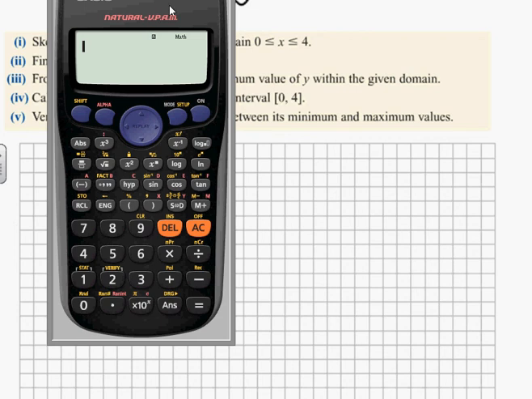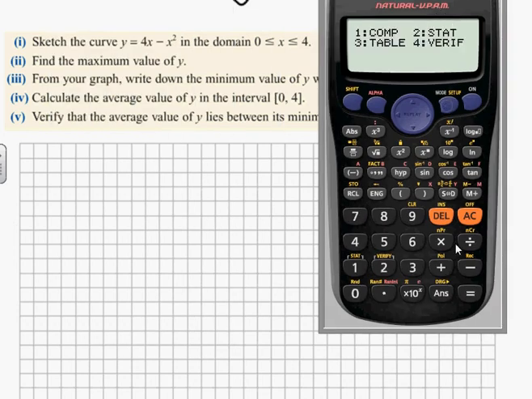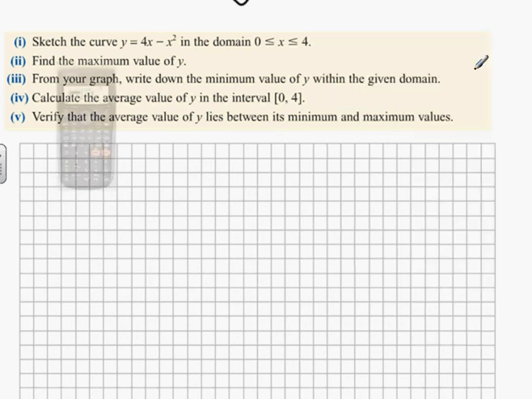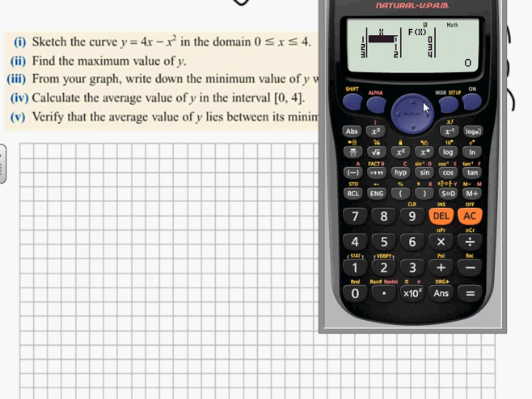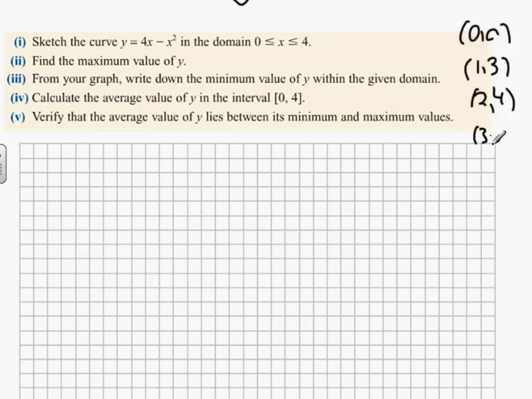What we're going to get here is mode table for x minus bracket x squared, 0 to 4 step of 1. 0 0, 1 3, 2 4, and then we get 3 3, 4 0.